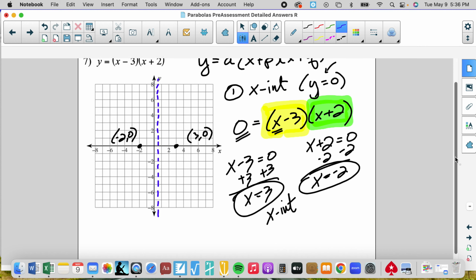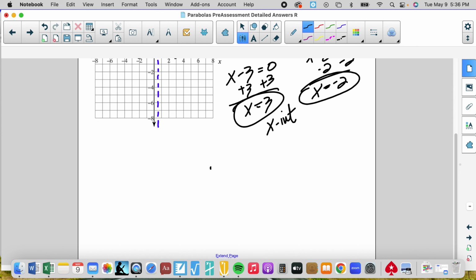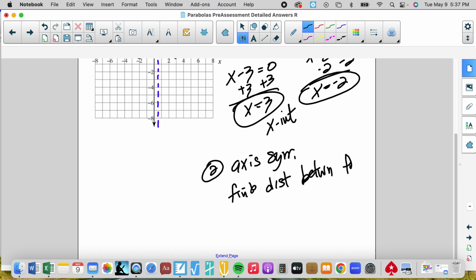At 1/2. So the mathematical way is: for the axis of symmetry, find the distance between the intercepts, the x-intercepts, which is 5 in this case, and take half.